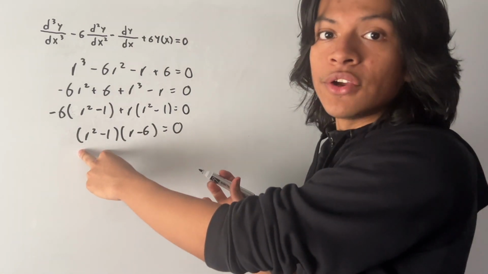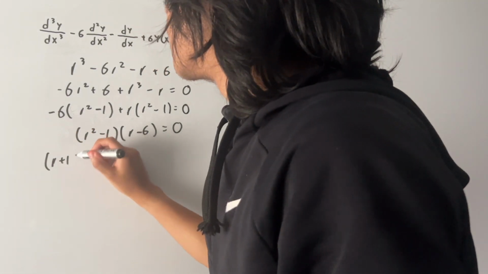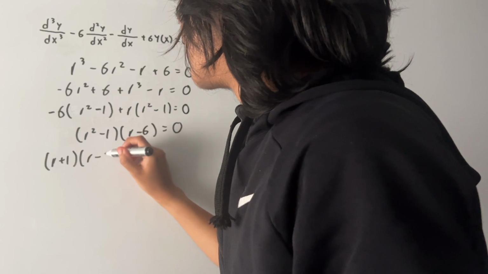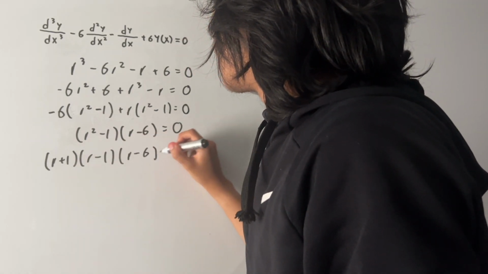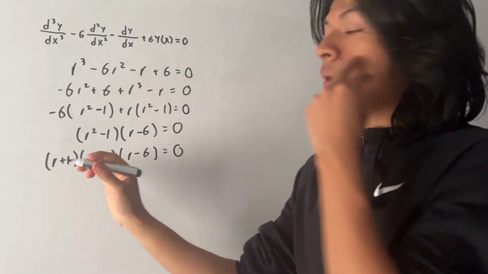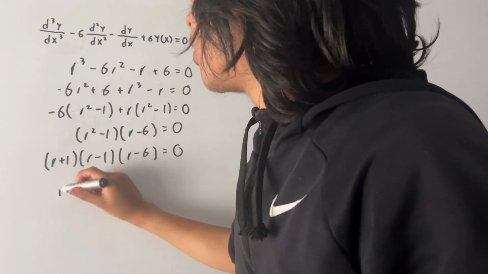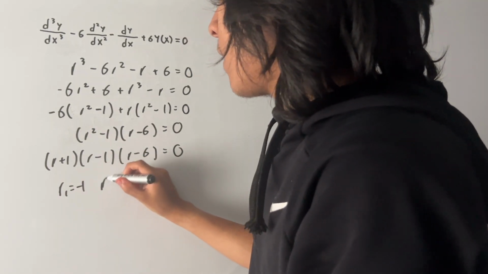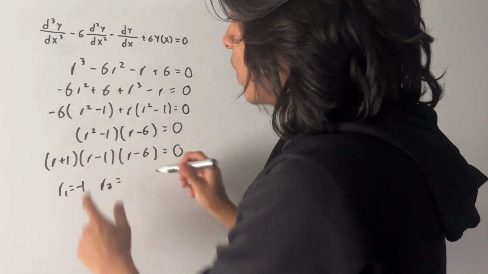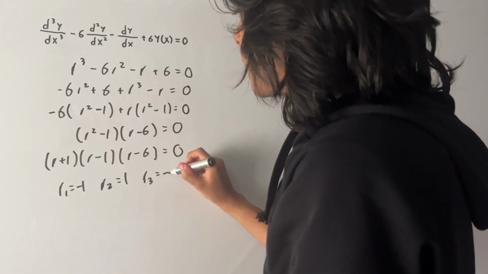On this term right here, we could expand it a bit more and leave it as r plus 1, r minus 1, then we have the r minus 6. And here, we have the roots for this differential equation. So we have r1 is equal to negative 1, r2 is equal to 1, then we have r3 is equal to 6.